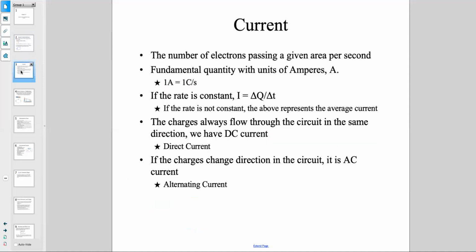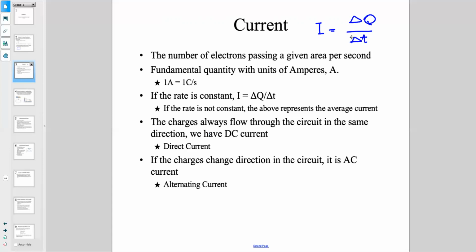So current is the number of electrons passing a given area per second. It is a fundamental quantity with the unit of ampere, which, as I said, is 1 coulomb per second. Because I is delta Q over delta T, this is the rate of change.